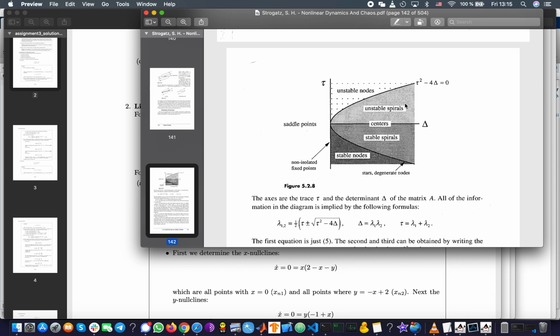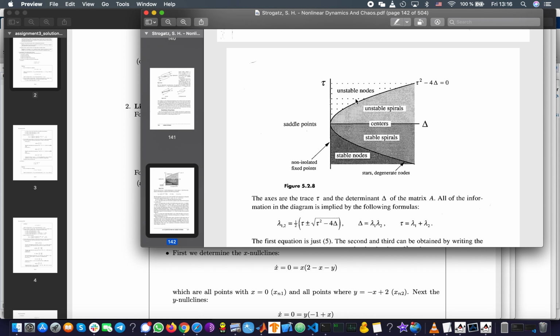So if it is in this region, it is unstable for positive traces of your matrix, and if it is in this region, you have stable spirals, which means that the trace of your matrix is negative, and it is attracting toward the origin or fixed point.